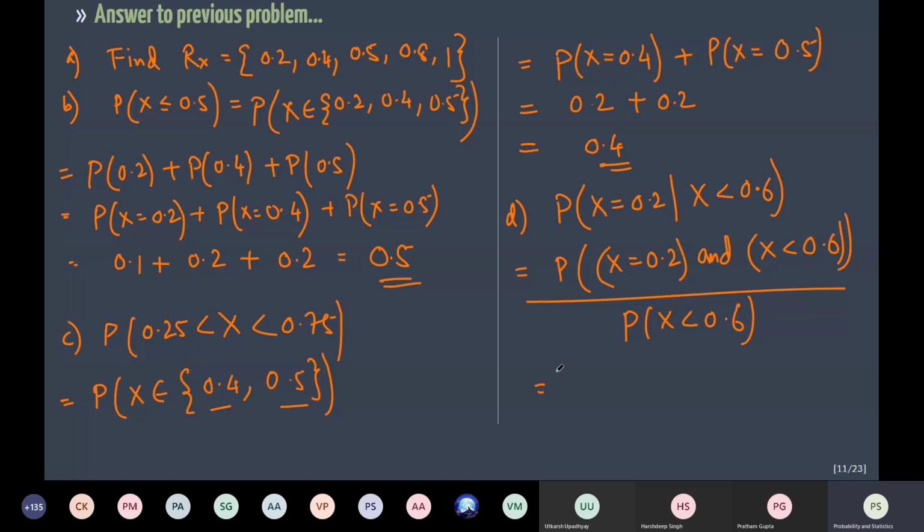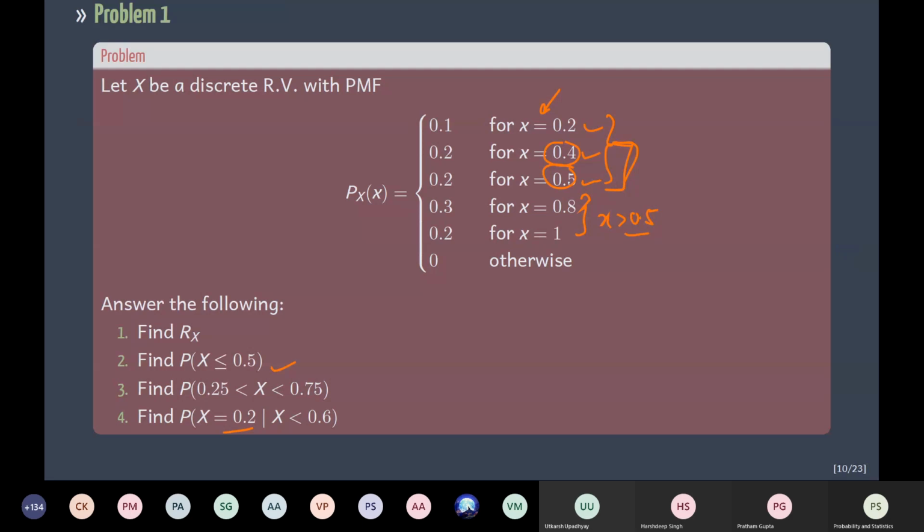So what is this? The event x less than 0.6 will cover the values of x in 0.2, 0.4 and 0.5.